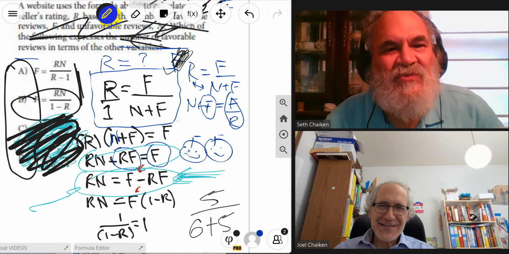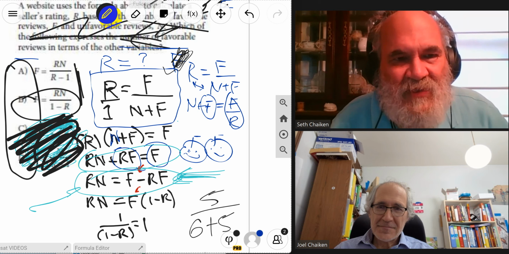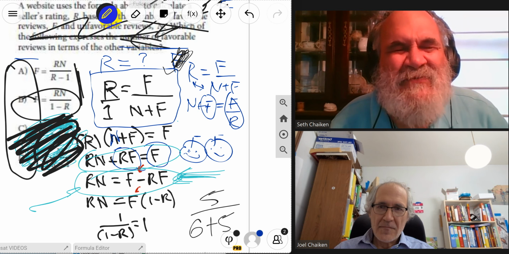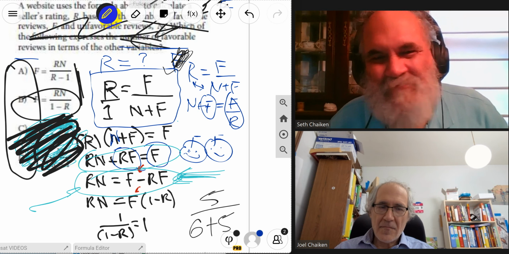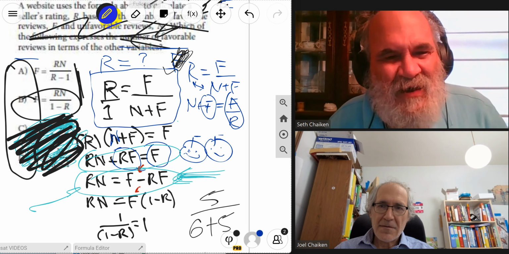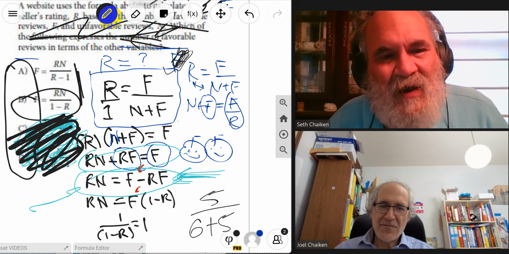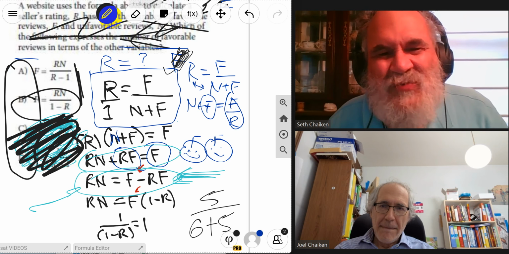And in fact, this is the equation that's given, F over N plus F. When F and N are counting numbers, which the problem says, then R is a positive fraction, less than 1. And it doesn't make sense in the problem if N equals 0.